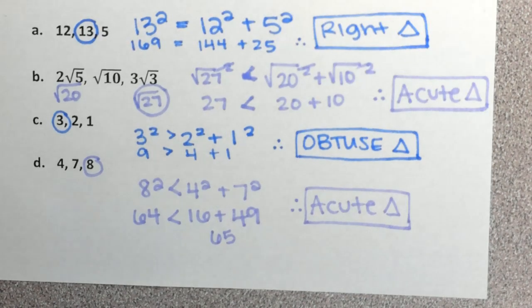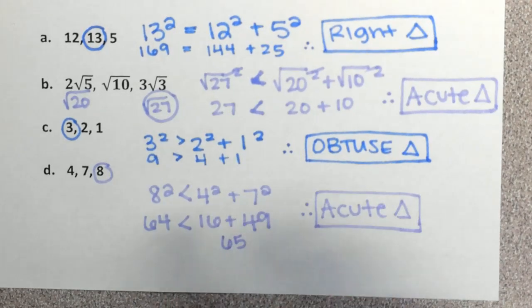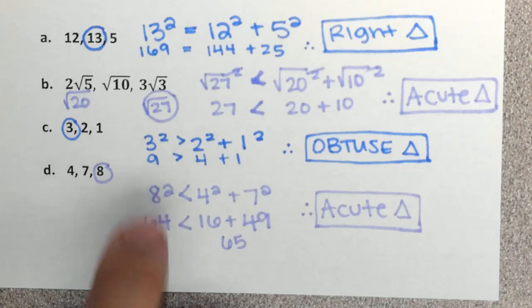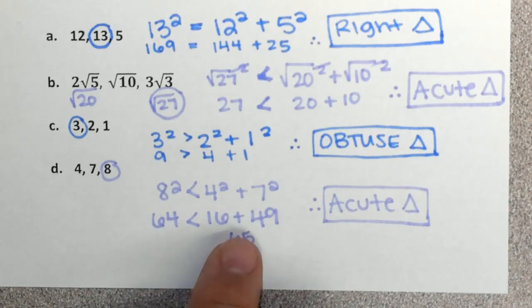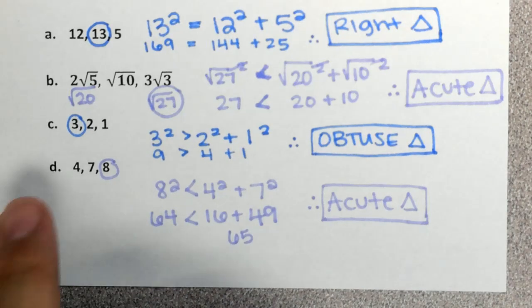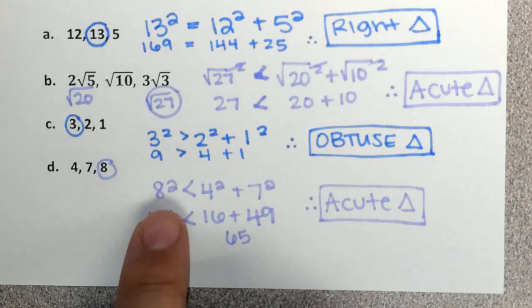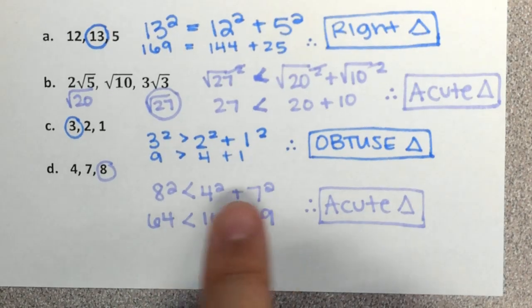The biggest number is always going to be your C. Just look at it. 64 is what compared to 65? So choose the biggest number. What's my biggest number here? 8. So choose 8 to go first, and then the 2 smaller numbers are on the other side.